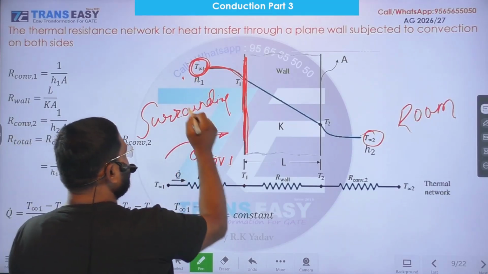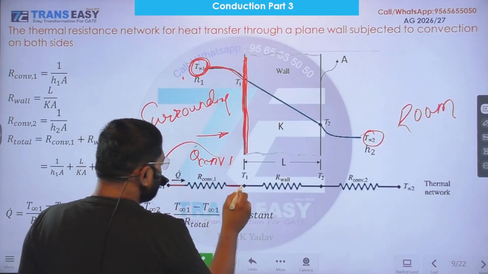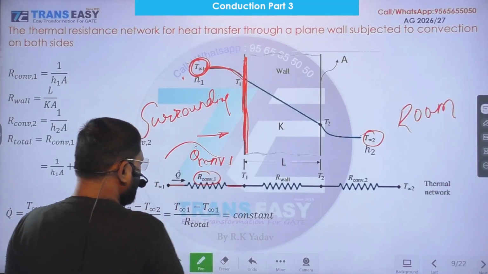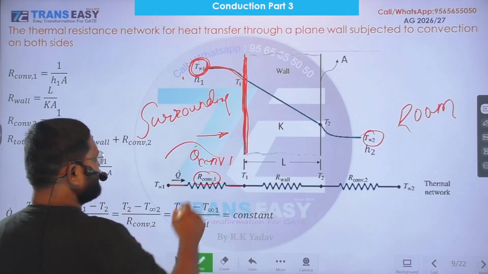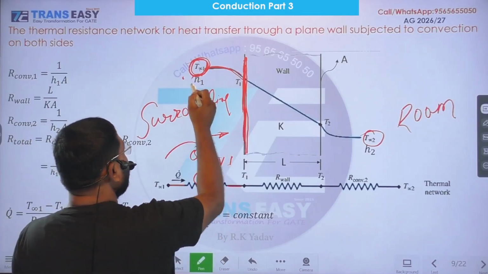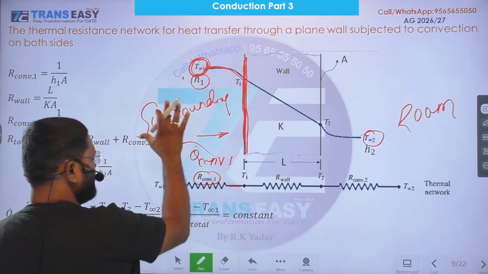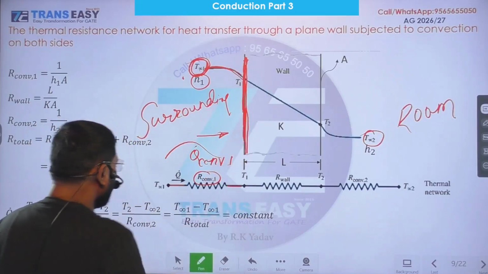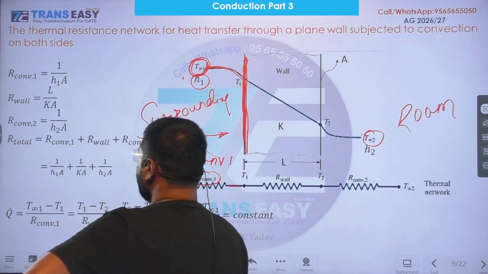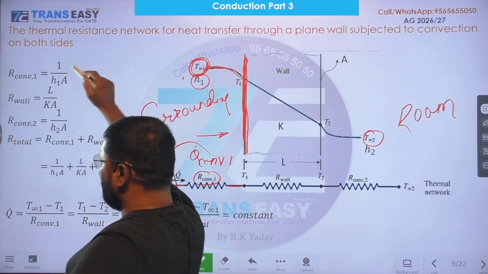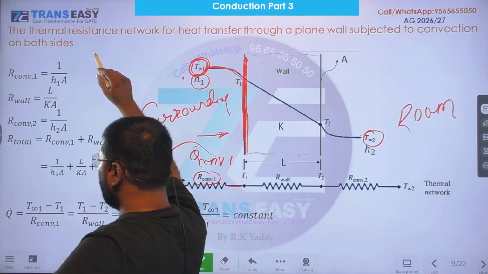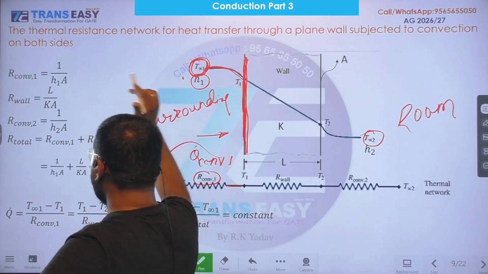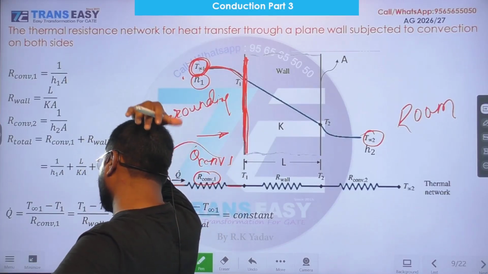So from T infinity 1 to T1, we have a convective 1 resistance, and its value here, H1 is heat transfer coefficient on this side, 1 upon H1, and surface area. Surface area is A. So convective resistance on this side is equal to 1 upon H1A.